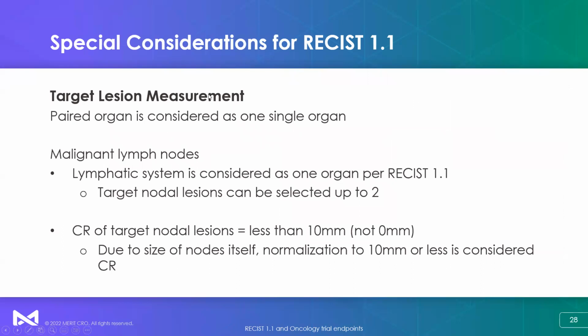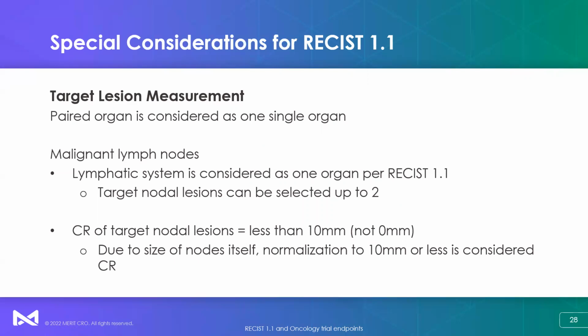Also, for target lesion measurement, a paired organ is considered as one single organ. The lung or the kidney are examples. So when it comes to the maximum of 2 lesions per organ, both the right and left are considered as one whole organ.